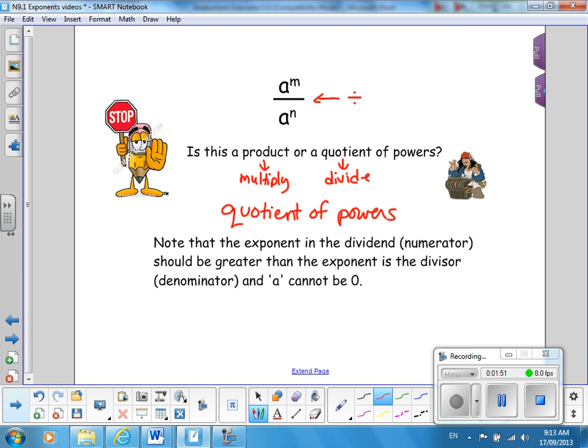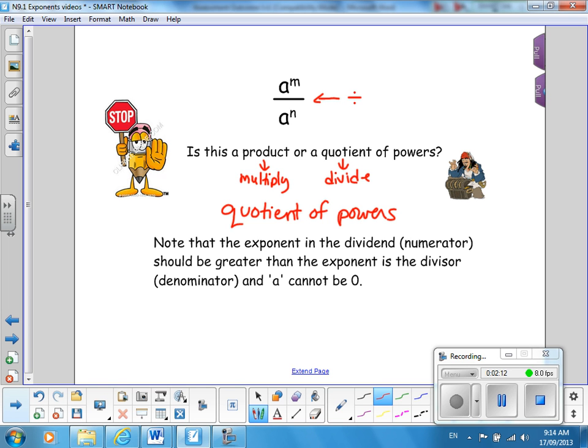One thing to note, in the grade 9 course, we will only be dealing with quotients of powers where the exponent in the dividend, which is the numerator, is larger than the exponent in the divisor, which is the denominator. And a cannot be 0. 0 has unique properties that we will learn about later on in math.